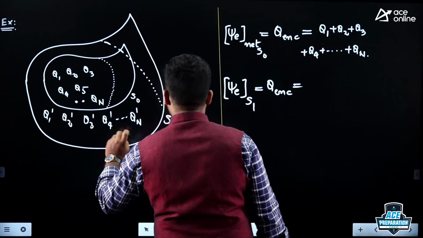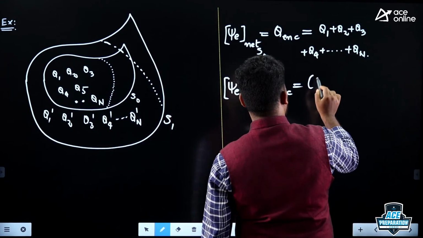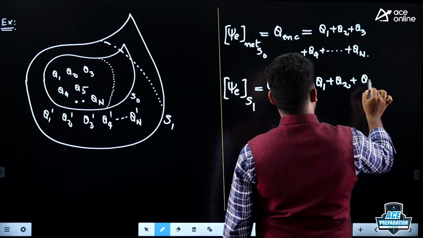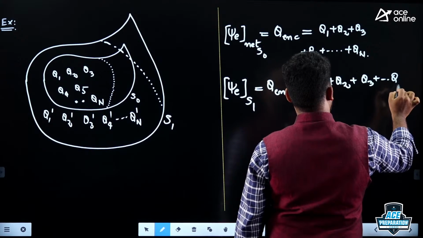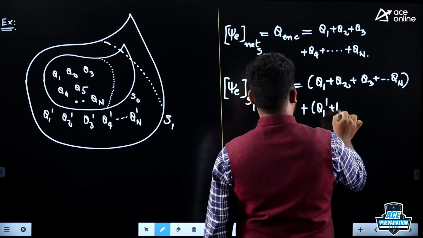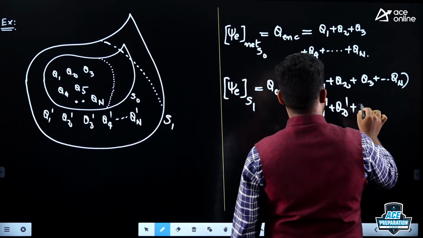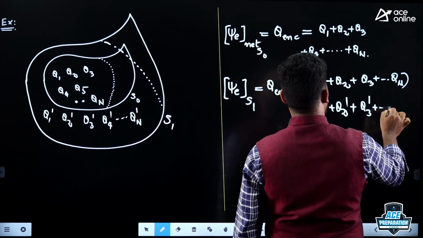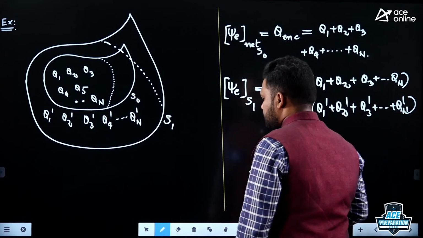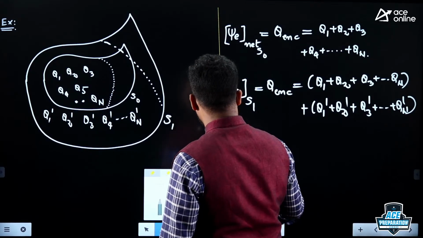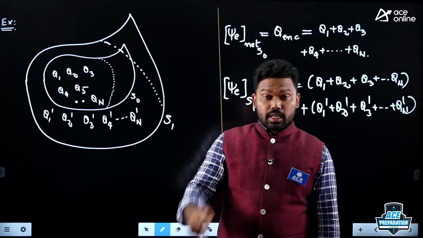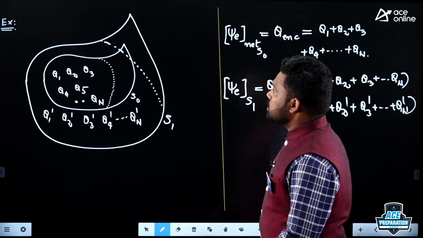Q charges as well as Q dash charges, which is equal to Q1 plus Q2 plus Q3, and so on up to Qn, plus Q1 dash plus Q2 dash plus Q3 dash up to Qn dash. That is the story. Clear? Okay, fine. So this is all about the Gauss law.